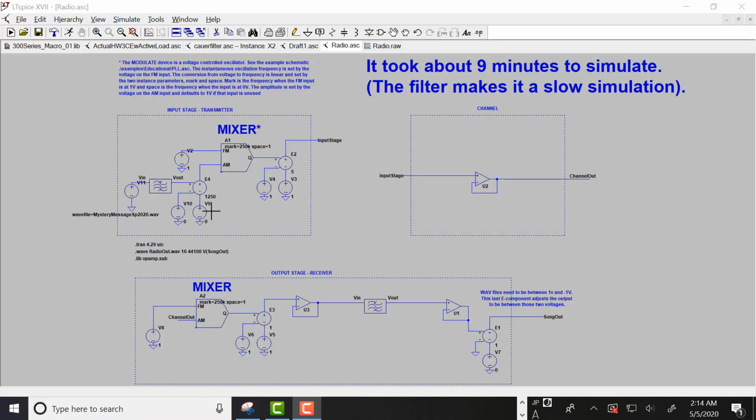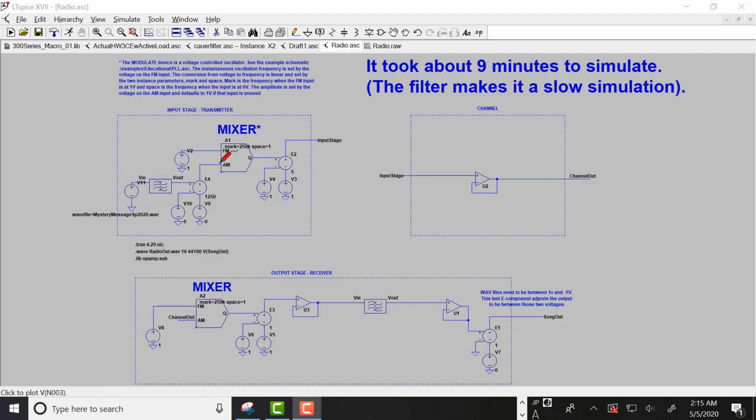So in the first video, I talked about getting in a noisy file, filtering it out, multiplying it up, doing some math on it and multiplying it up. And then we talked about the modulate block, how this gives you 250 kilohertz when FM is set to 1 volt, and then we're amplitude modulating with the signal in from the file.